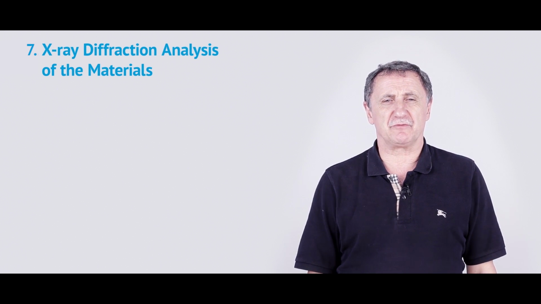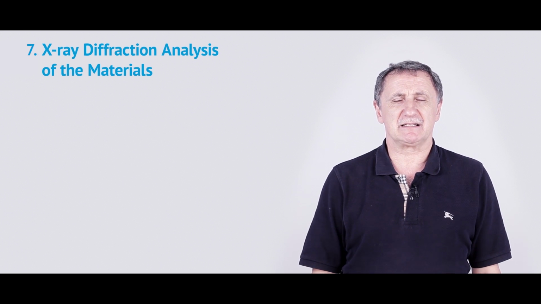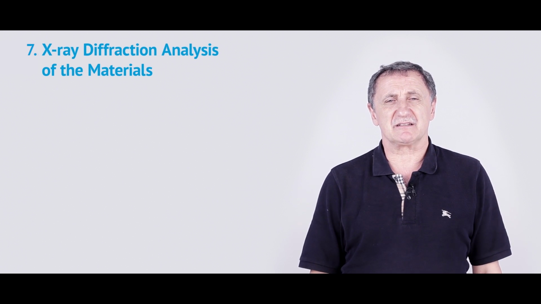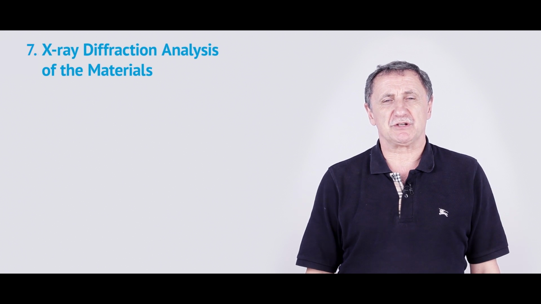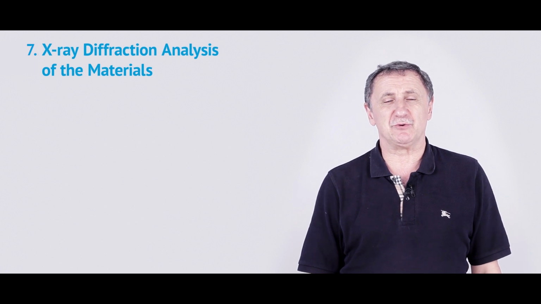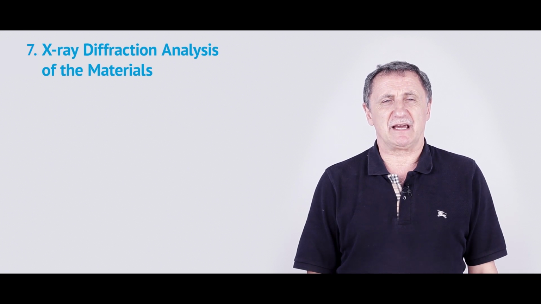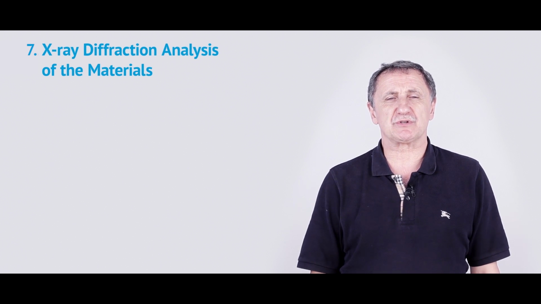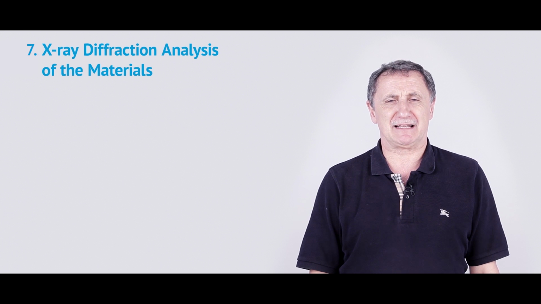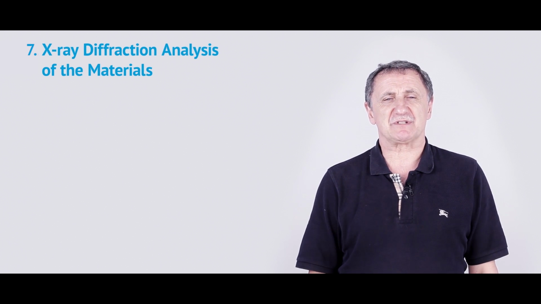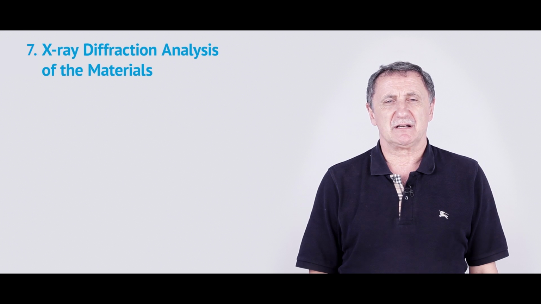The last portion of this course is dedicated to the different material science techniques which you have to use, or you may use, in order to learn more about different levels of material structures. So we will start today to discuss the widely used X-ray diffraction analysis, which allows us to characterize the crystal structure of materials.